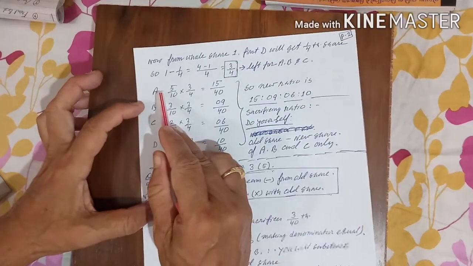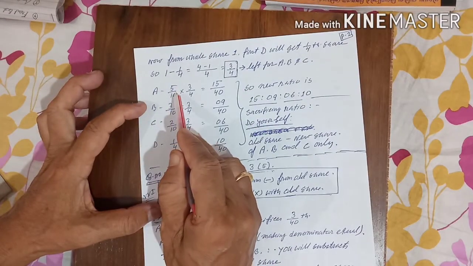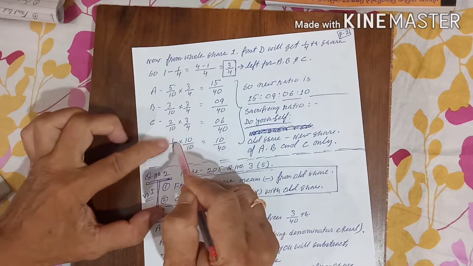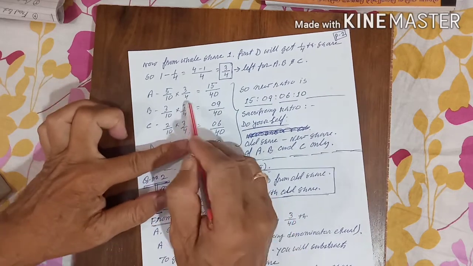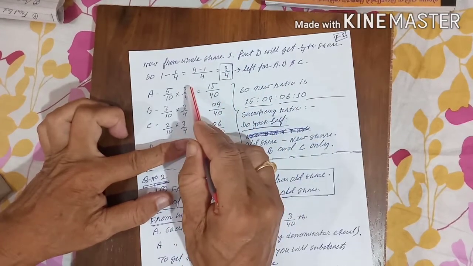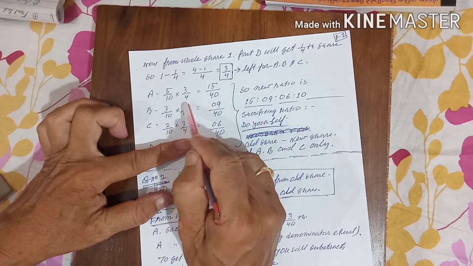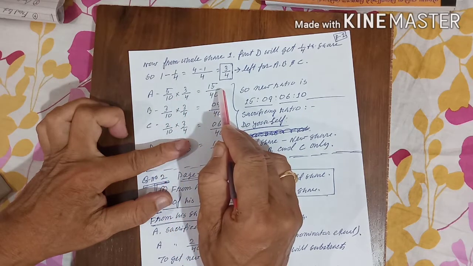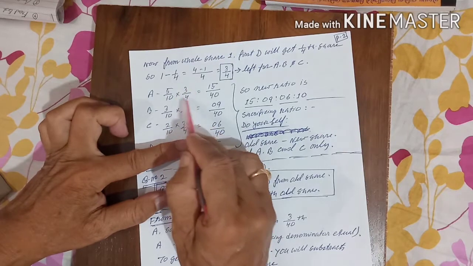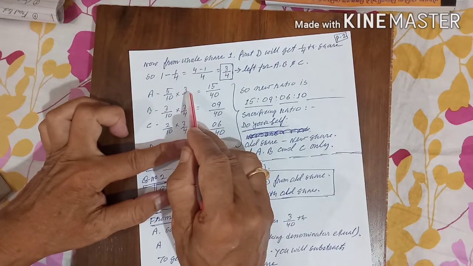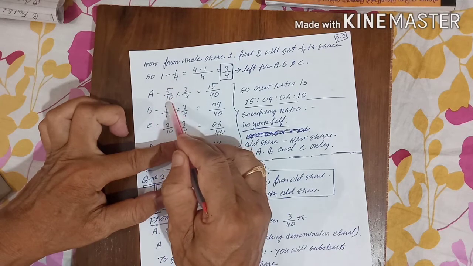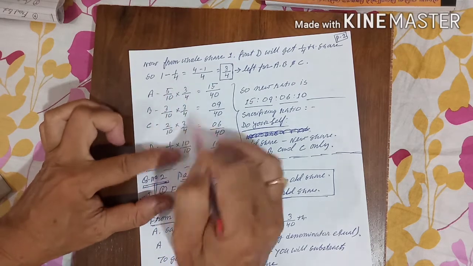Now the whole share of A is 5/10, B is 3/10, C is 2/10. This is not the whole share for D. If you multiply the left share after giving to D, that is 3/4, with each of the old shares, you get the new share. So this 3/4 is actually being distributed to A, B and C in the ratio of 5:3:2. The meaning is the same.